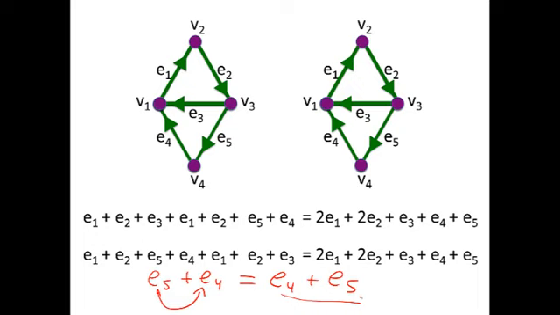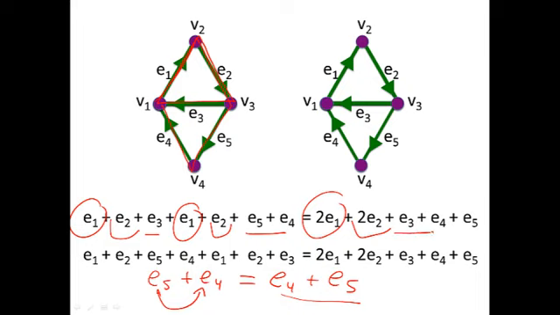Thus, if I take the path E1 plus E2 plus E3 plus E1 plus E2 plus E5 plus E4, well, then I get 2E1 plus 2E2 plus E3 plus E4 plus E5.